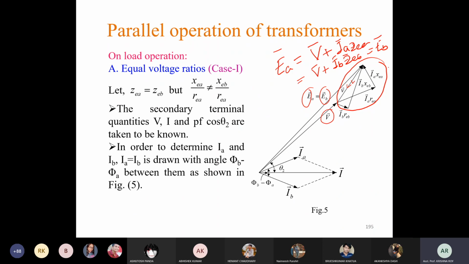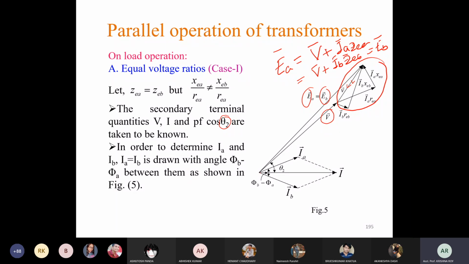Now what is the relation between this voltage and current? The terminal voltage lags the load current by an angle of theta 2, that we have assumed. So here the power factor angle is theta 2, and this load is equally shared by the two transformers.